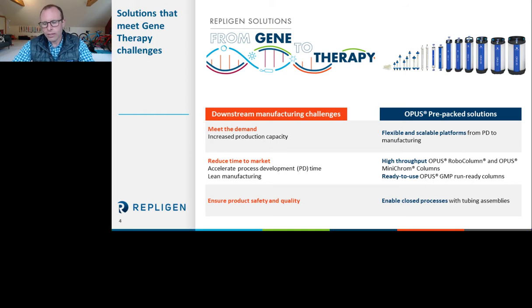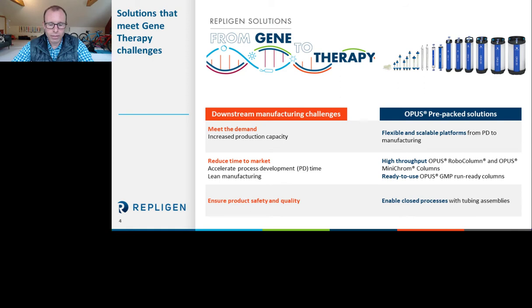For our pre-packed columns, the flexibility that we have in column size, resin type, et cetera, and the scalable platforms that we have from early process development to manufacturing, help our customers implement these technologies to be able to run their processes effectively. Reducing time to market using our innovative robo-columns or our mini-chrome columns.